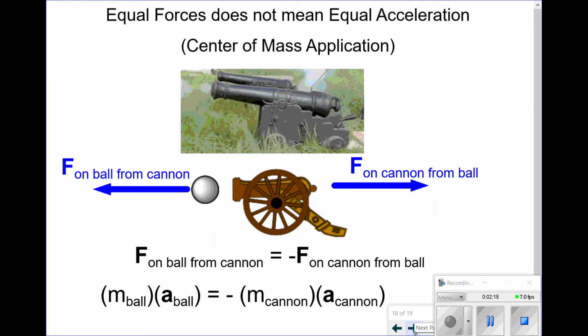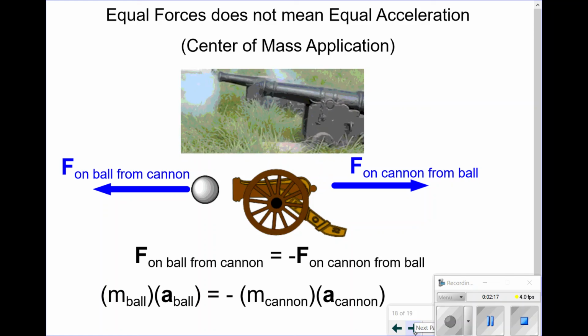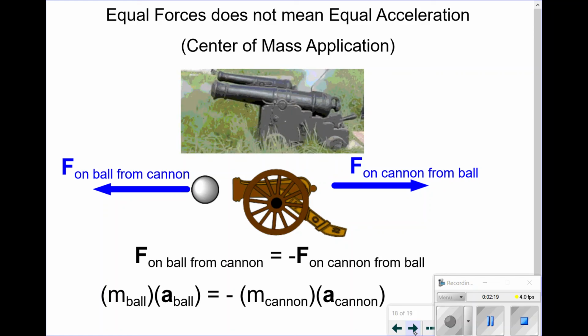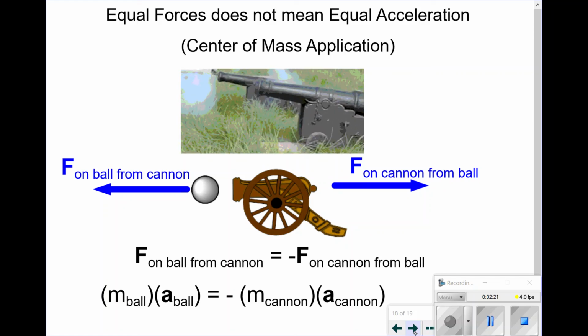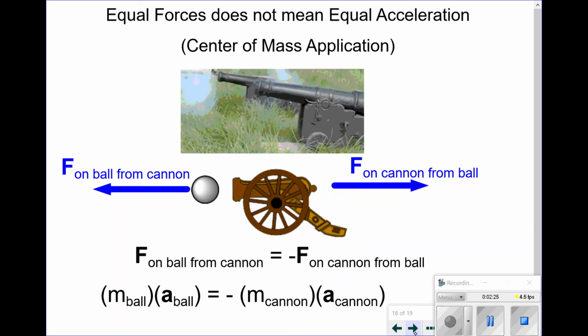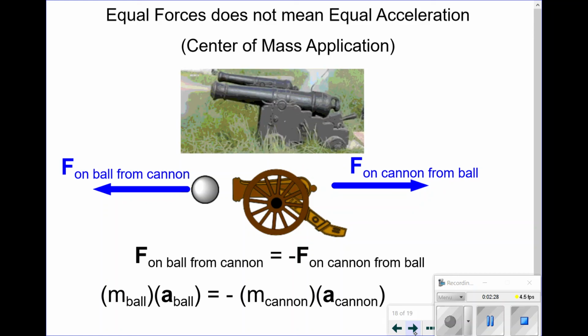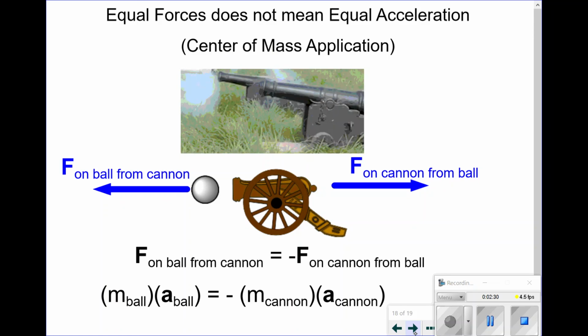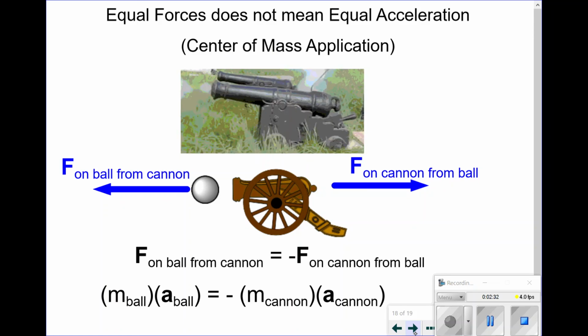If we apply that to Newton's third law of motion, we can turn around and say that the cannon, when firing the ball, exerts a force on the ball in the forward direction, or left to my screen, and then the ball exerts the equal amount of force in the opposite direction on the cannon.